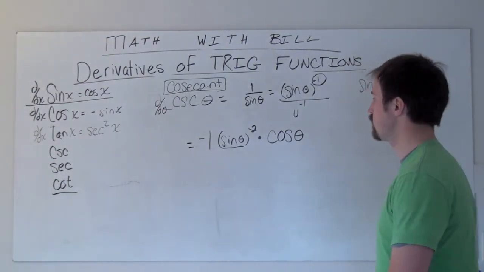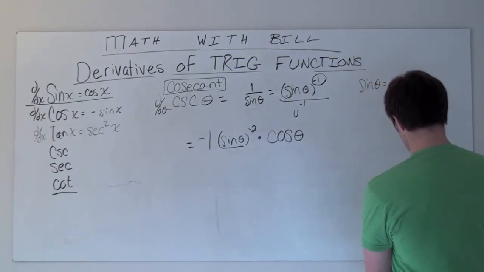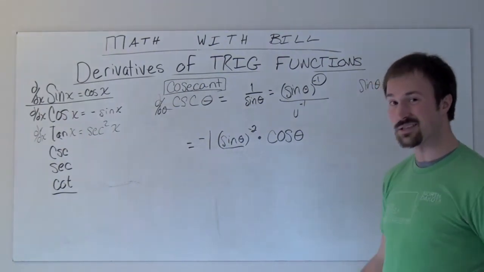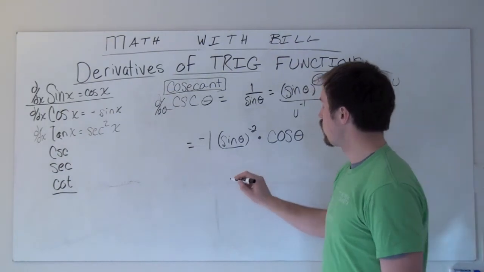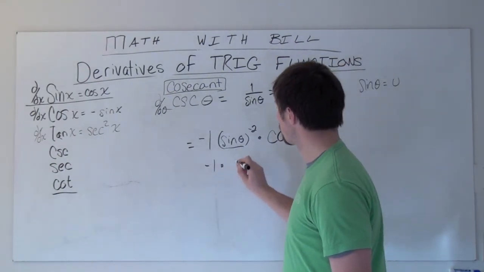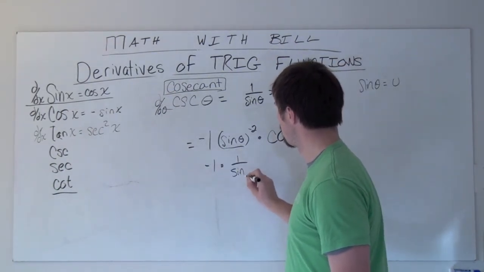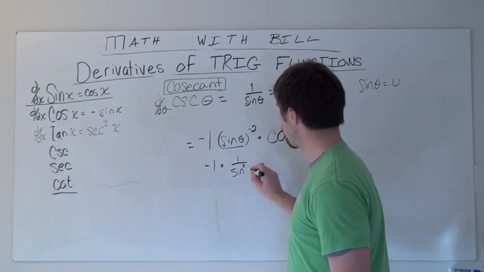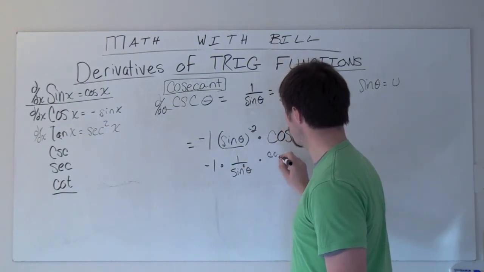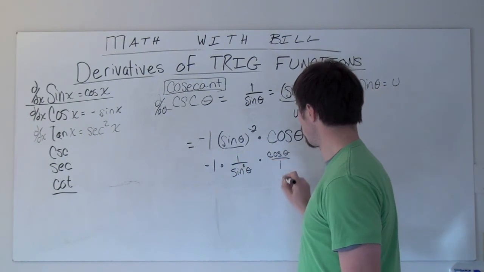This is our derivative. What we're going to do for the remainder of this video is clean this up. So we have -1 times 1 divided by sine squared theta times cosine theta over 1.